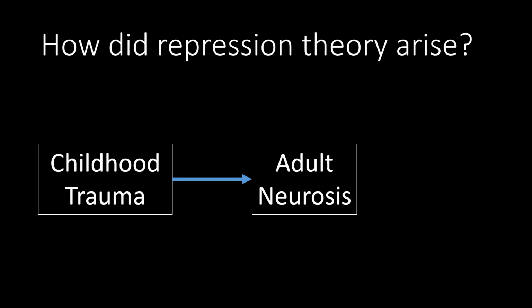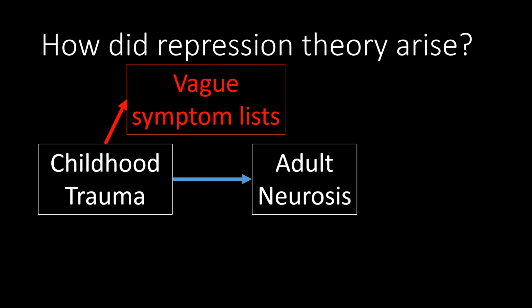But what happens if you add things to this theory, such as the idea that vague symptom lists equate to adult neurosis? That makes it very easy to always find a connection between childhood trauma and adult neurosis, just by making adult neurosis so broad that everybody could find themselves in vague symptom lists.